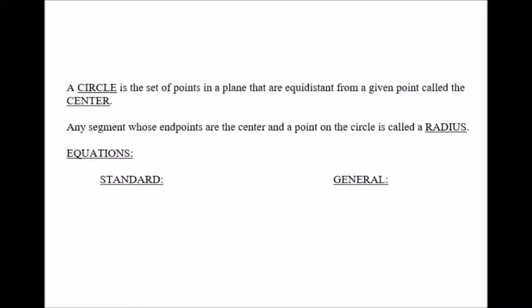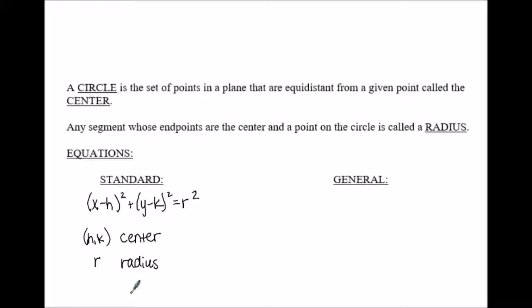The first is the standard equation that you saw in geometry, (x - h)^2 + (y - k)^2 = r^2. And in this version of the equation, the point (h, k) is your center and r is your radius.